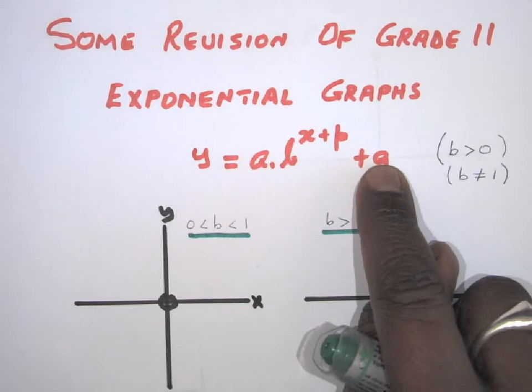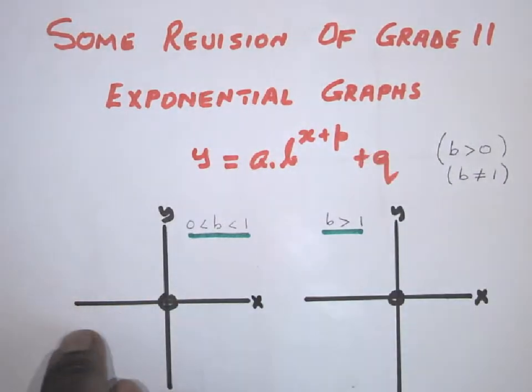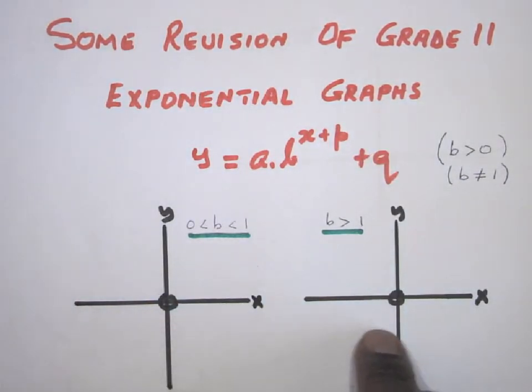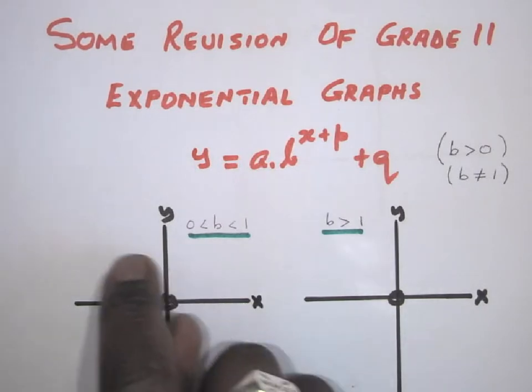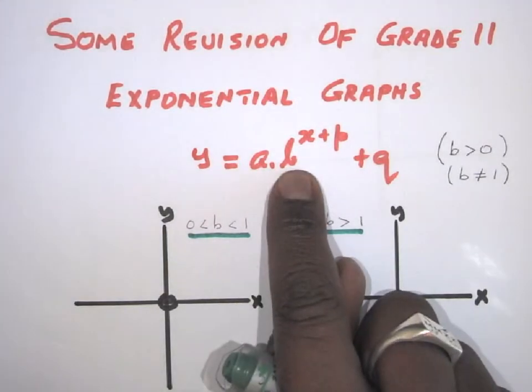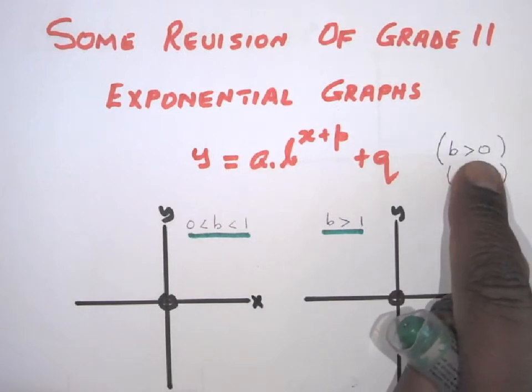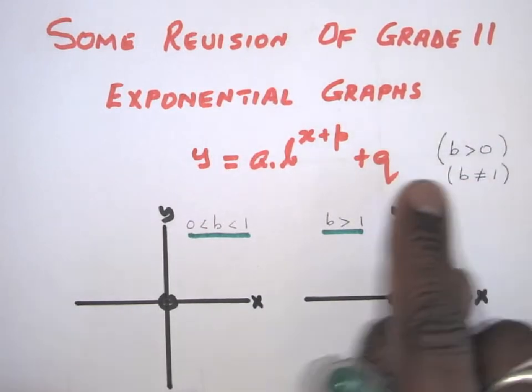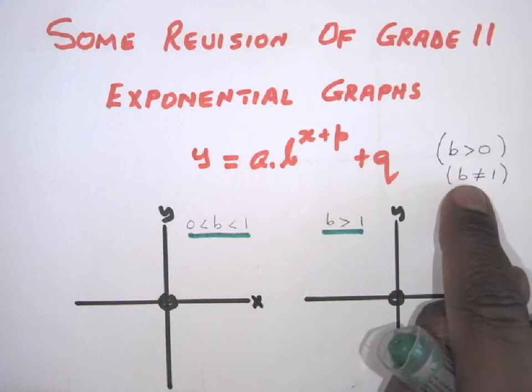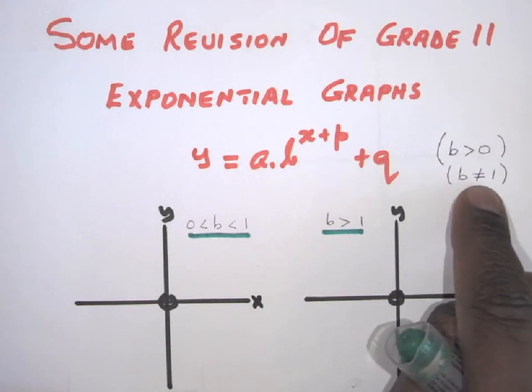So if we have a value here, we'll have dotted lines going that way over here in the graph, up or down. Now another thing that is important is about the b. The b value must always be a number bigger than 0, and b cannot be equal to 1.